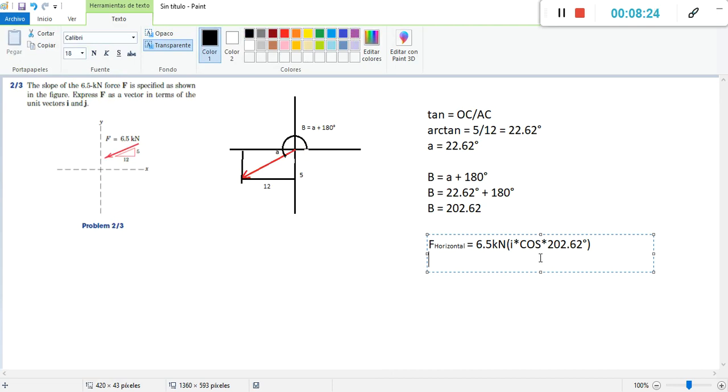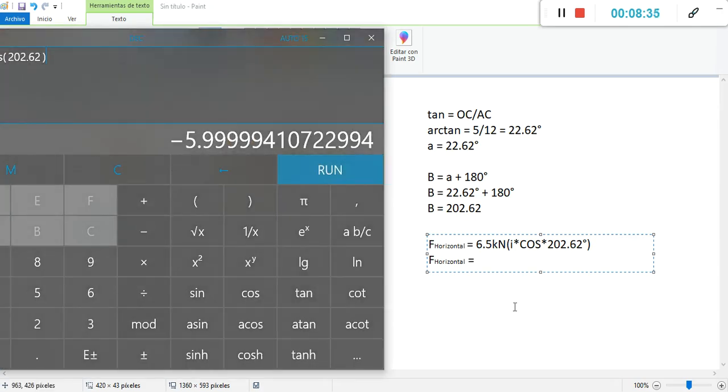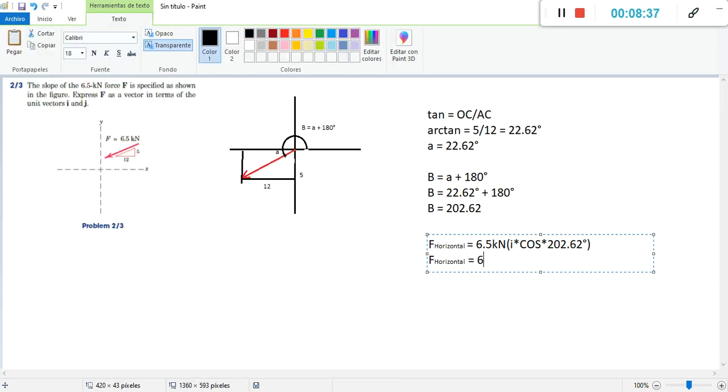So we're going to round it and we find that the horizontal component is equal to minus 6i.